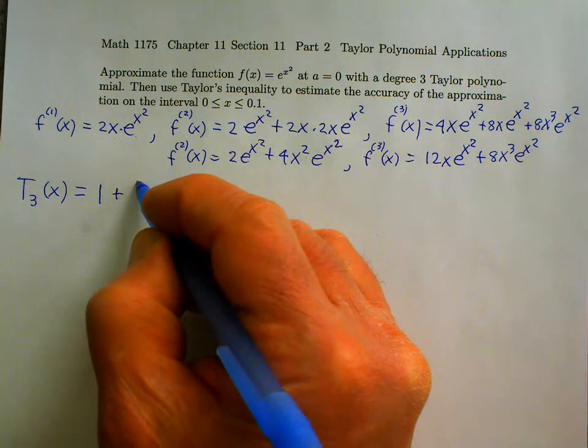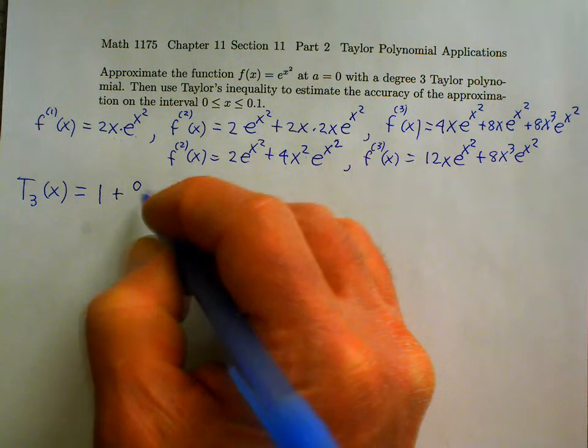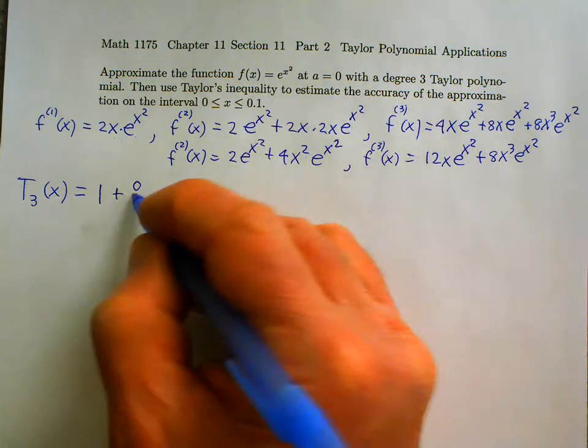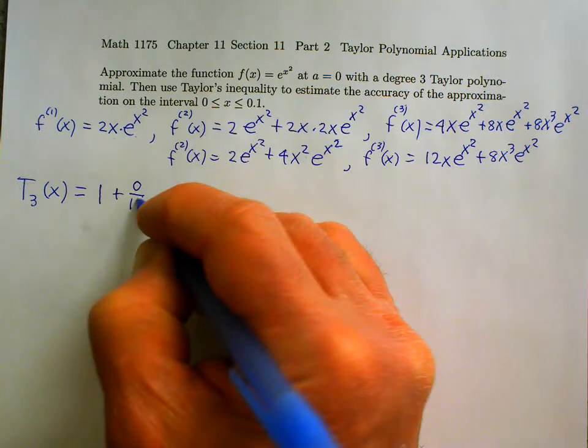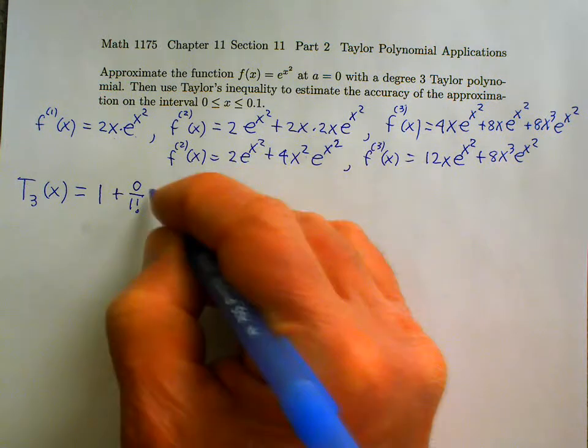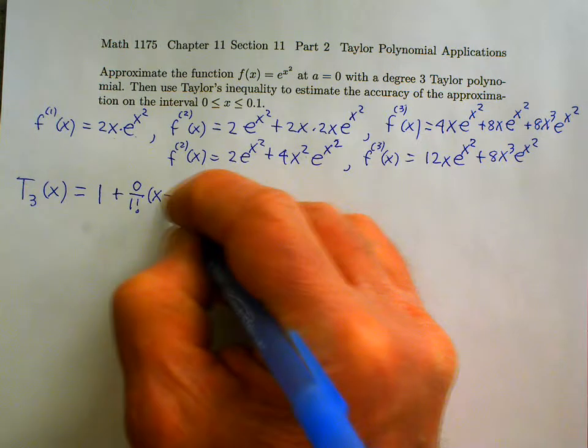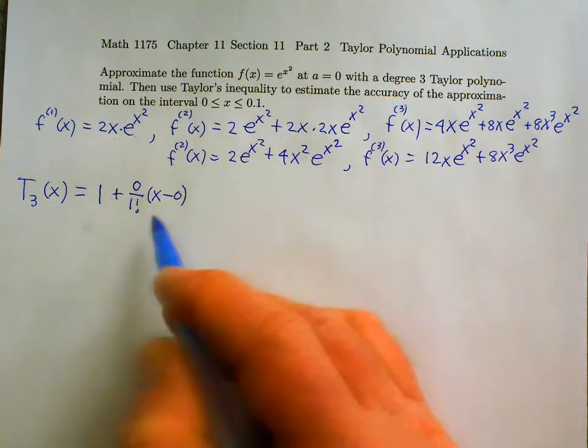I'll go ahead and write it just to fill in the space, and then we'll simplify it in the next step. So 0 over 1 factorial times x minus 0 to the first.